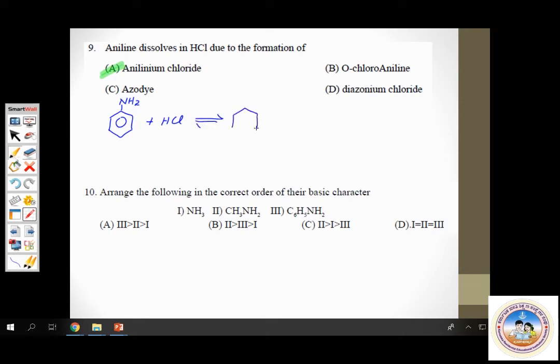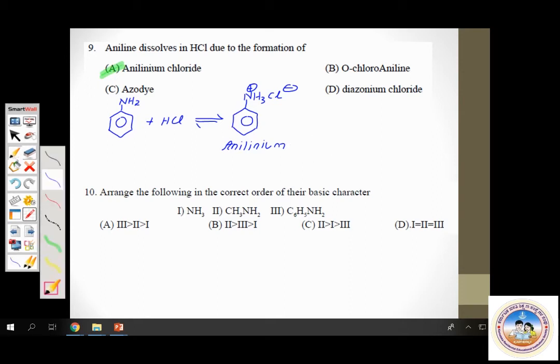NH2 becomes NH3 plus, and it is now complexed with Cl minus. Yes, anilinium chloride. So option A is right.